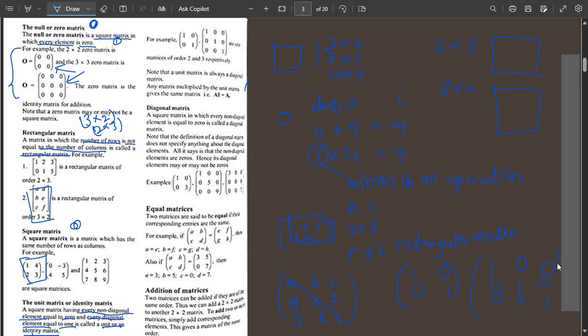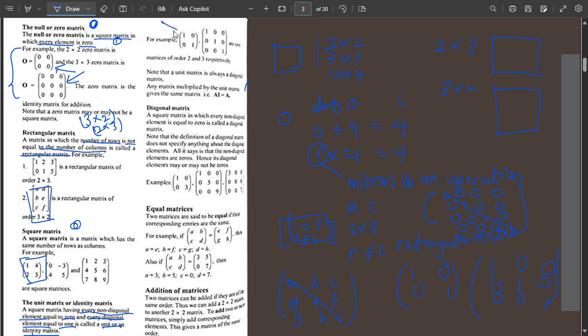So this is the identity or unit matrix. For 4 by 4, it will be 1 0 0 0, 0 1 0 0, 0 0 1 0, then 0 0 0 1. We always make sure there are ones on the diagonal and then zeros elsewhere. That is it for unit matrix.